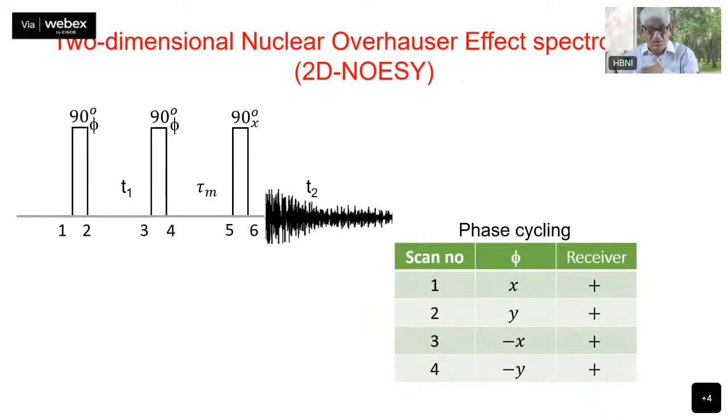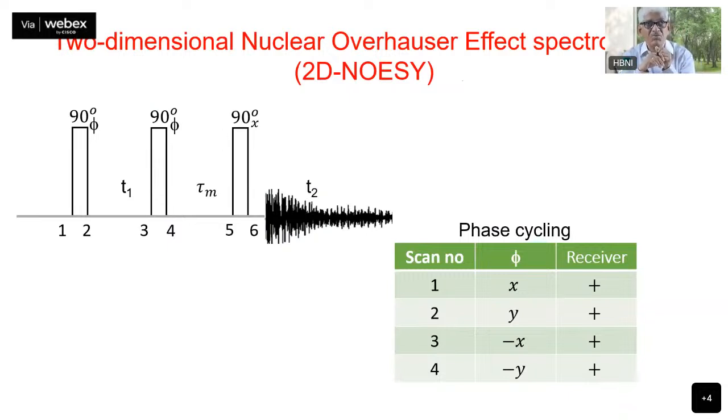Okay, so now we are entering a new set of experiments, which is a fundamentally different mechanism of interaction. So far, we have been considering all J-dependent experiments, COSY, double quantum filtered COSY, or whatever we discussed. All of them were dependent on the J coupling for transfer of information from one spin to another.